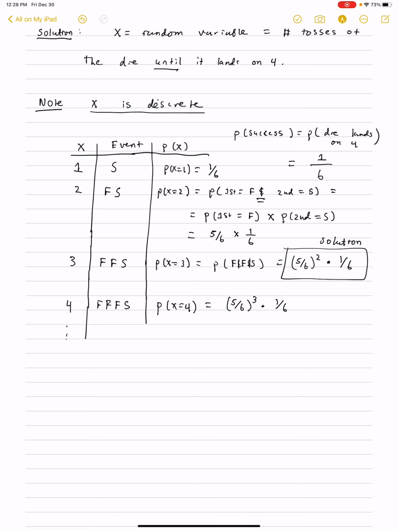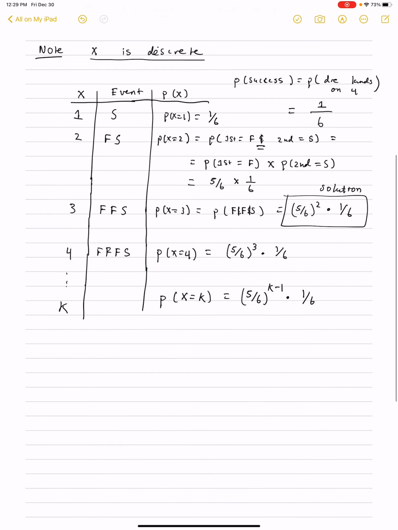If we had to guess a general formula, the probability X equals k tosses, or k trials, will be 5/6 to the power k minus 1 failures, then the success of 1/6.